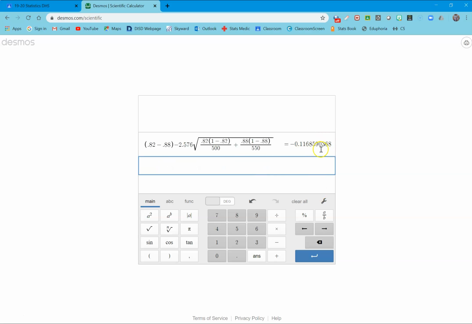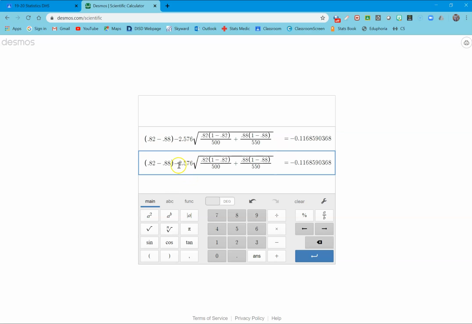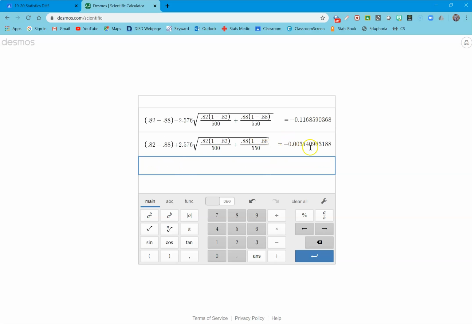Okay, so our low number is negative 0.1168. So we're going to say 0.1167. And then we're just going to go back. I'm going to highlight this. And we're going to change this minus sign to a plus sign. So these are our two numbers.